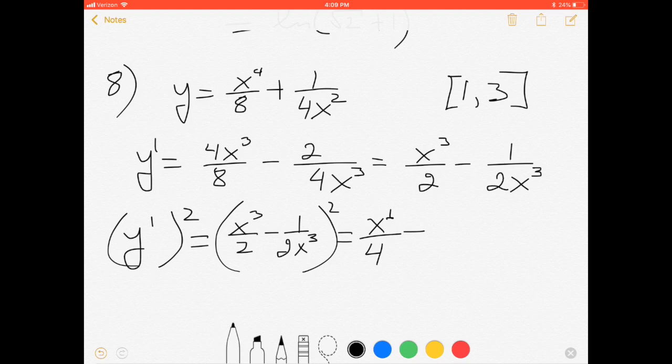minus twice the product, and plus 1 over 4x to the power 6. Okay, here we can simplify.